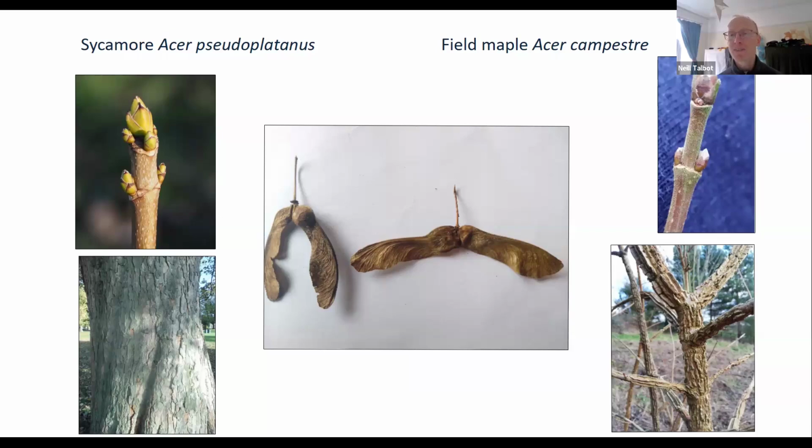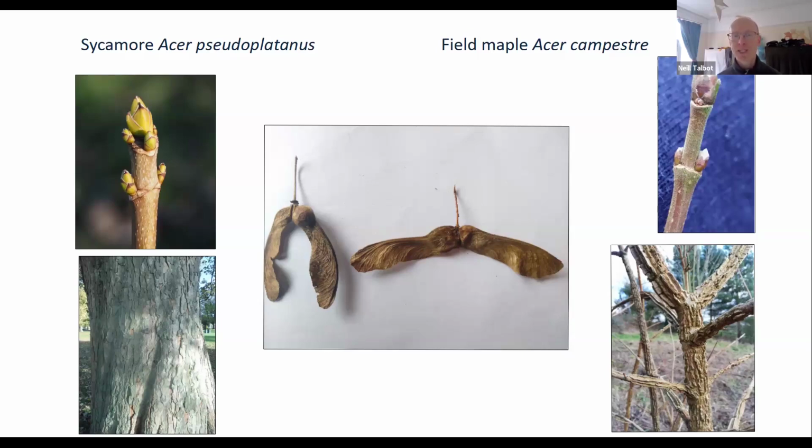And then the field maple, again opposite buds, and they're reddish brown, but they'll have hairy, pale, whitish, greyish scales on them. So they look very different from the sycamore buds, and they'd be quite a lot smaller.